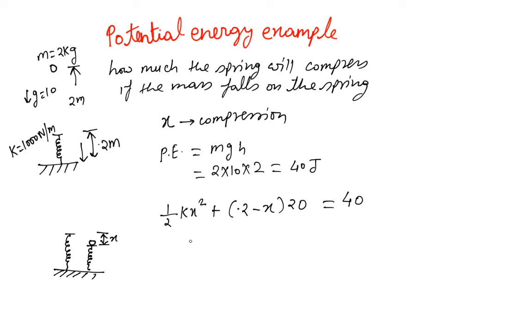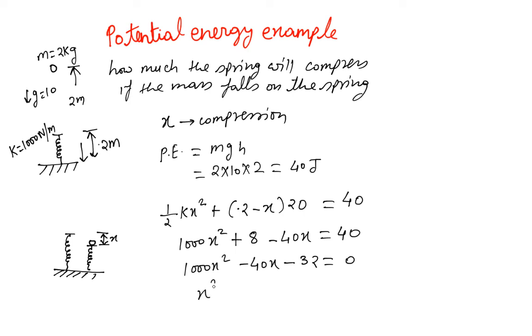So if you solve this, k is 1000, so we get 1000. You can do that yourself, but I'll just do it fast. We get 1000 x squared plus 4 minus 20x, wait, let me state it: 500 x squared plus 4 minus 20x equals 40, and rearranging, we get 1000 x squared minus 40x minus 32 equals 0.